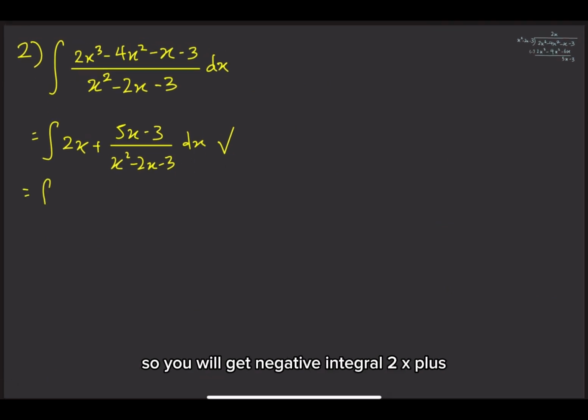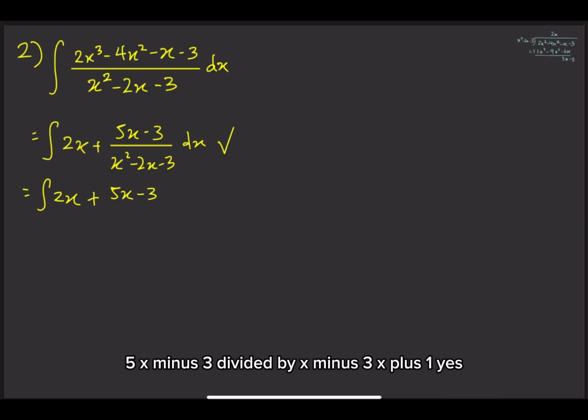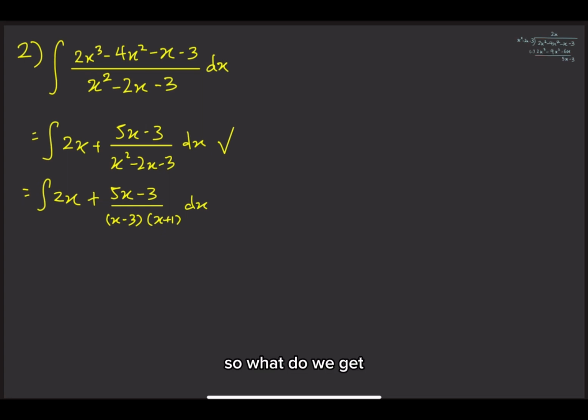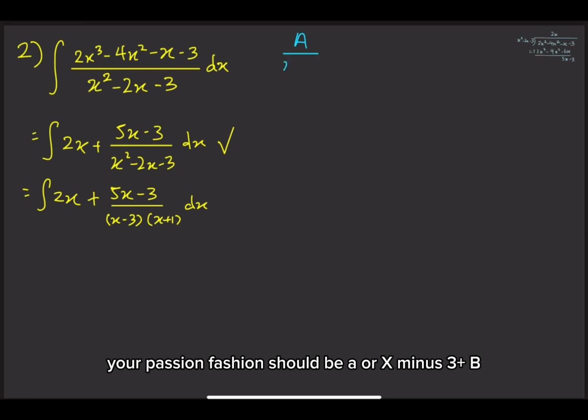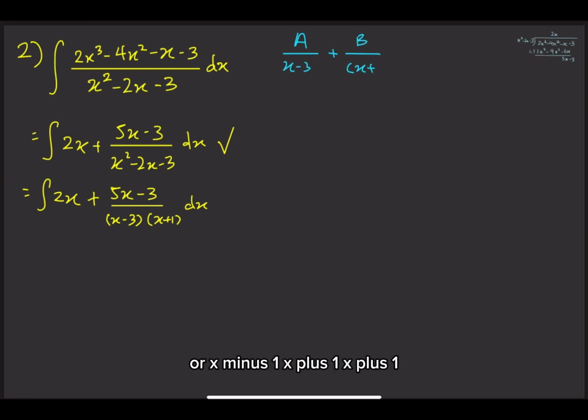So you will get the integral of 2x plus (5x minus 3) divided by (x minus 3)(x plus 1) dx. Your partial fraction should be A over x minus 3 plus B over x plus 1.